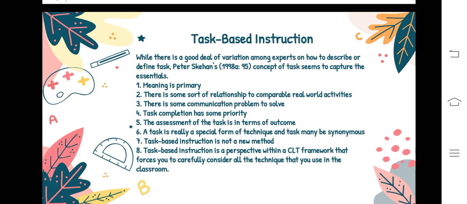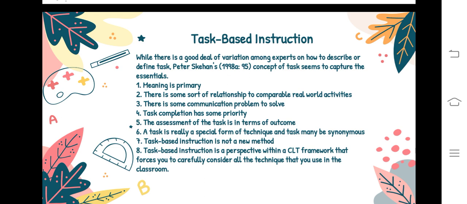The fourth is task completion has some priority. The fifth is the assessment of the task is in terms of outcome. The sixth is a task is really a special form of technique, and task and technique may be synonymous. The seventh is task-based instruction is not a new method.